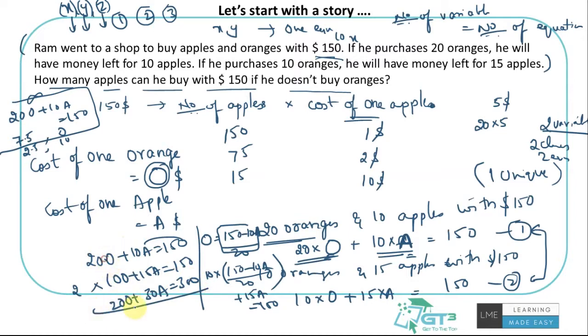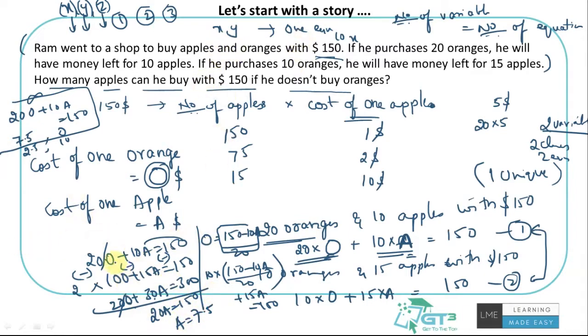So 20O can be cancelled by subtracting. I subtract this equation from this. 20O minus 20O gets cancelled out. 30A minus 10A is 20A. 300 minus 150 is 150. So A is 7.5.